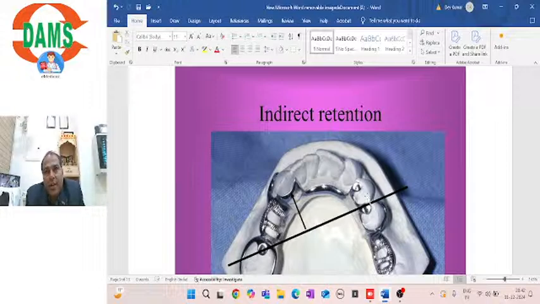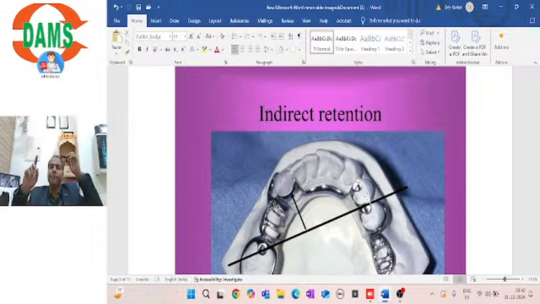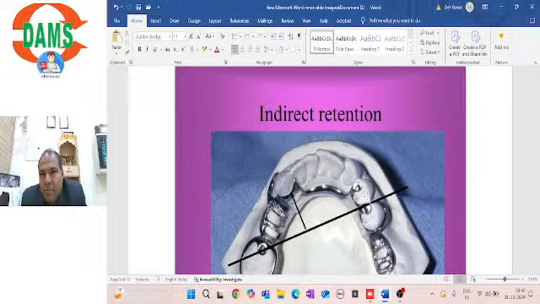So what you do for tripoding is mark three widely spaced points on the cast, or you mark something on the base of the cast with the surveying rod, and then, at the same angulation, when it touches in the master cast, you can see the angulation is the same for both the diagnostic cast and the master cast, so that there is no problem in designing of the cast partial denture.